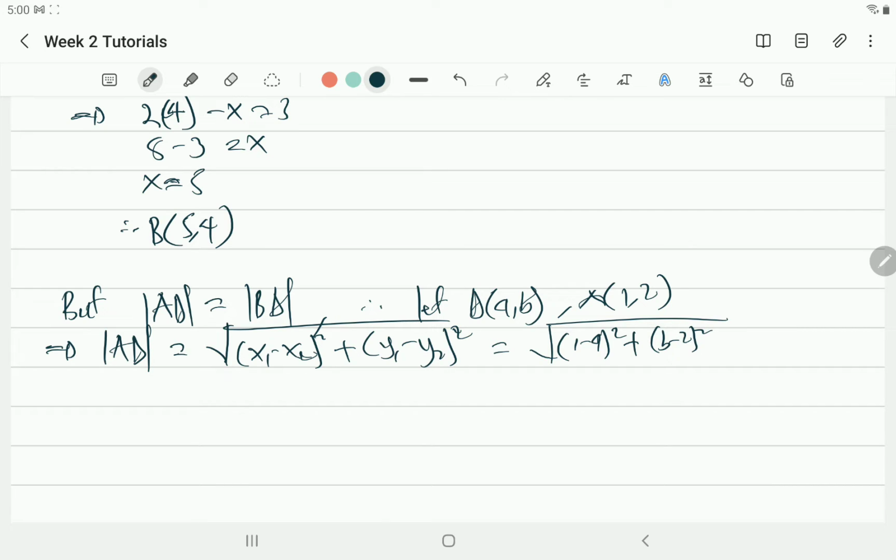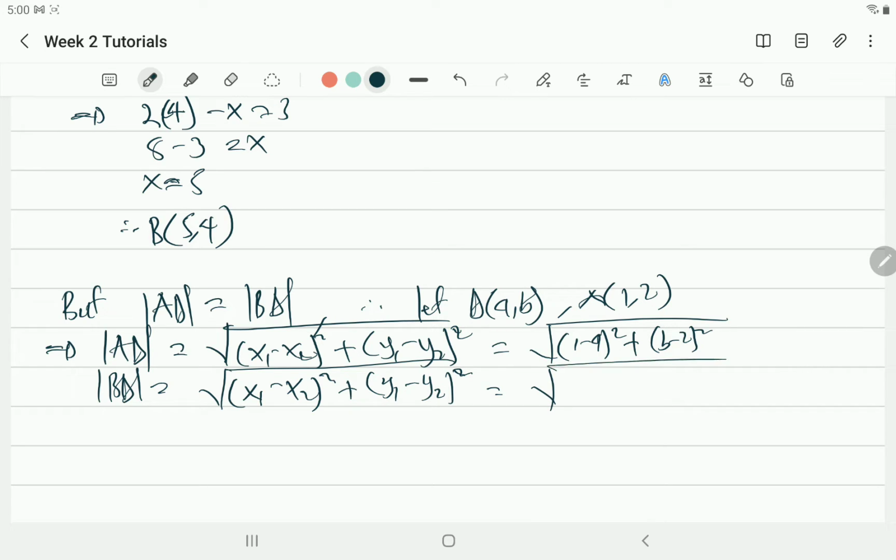And I can do the same for BD. And that will be also the same formula. And that is going to be, so remember B is what we just solved, (5, 4). So I'm using D and B. I can put it in any form I want. So I want to go with the variables, the letters first.